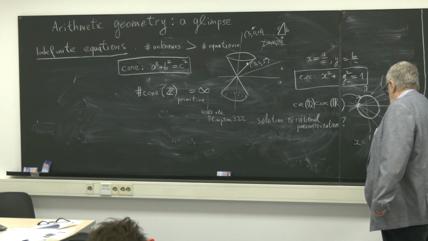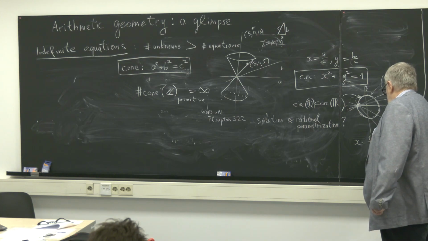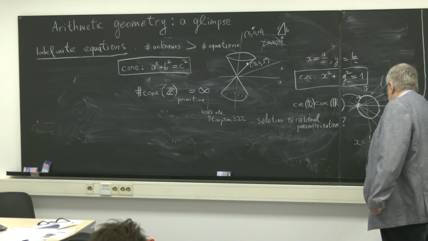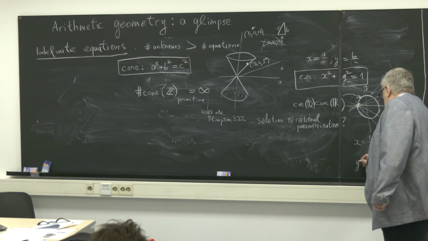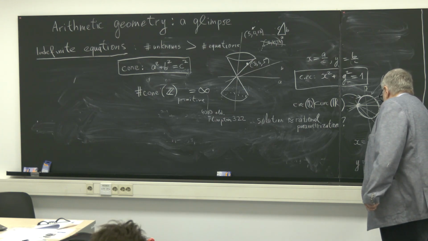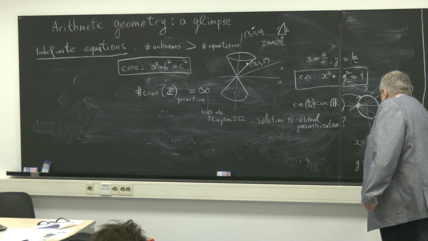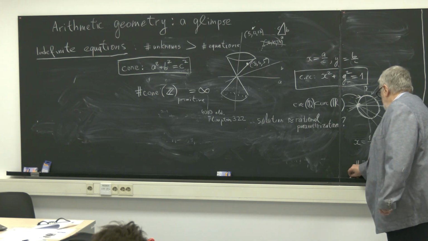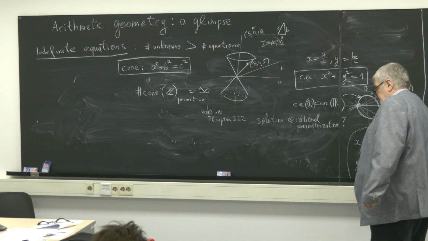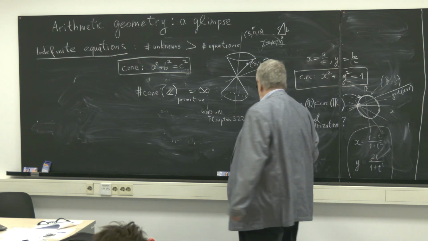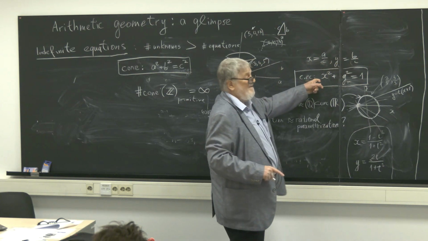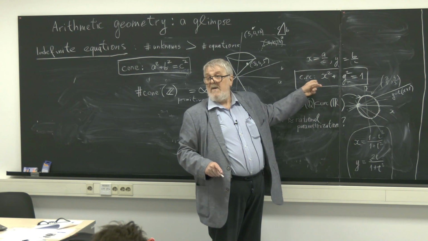I'll write it down and give a couple of questions about it. T squared, y is 2t, t square. So in some sense, this is the solution of this indefinite equation.